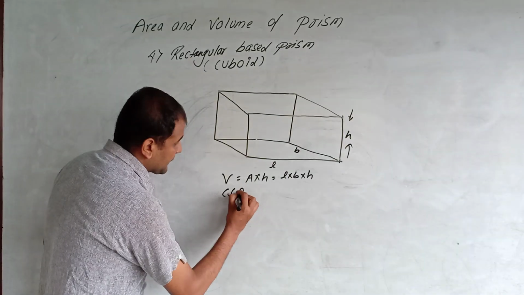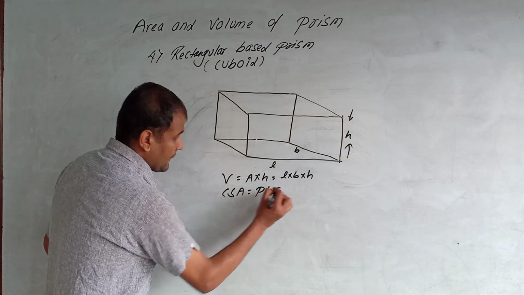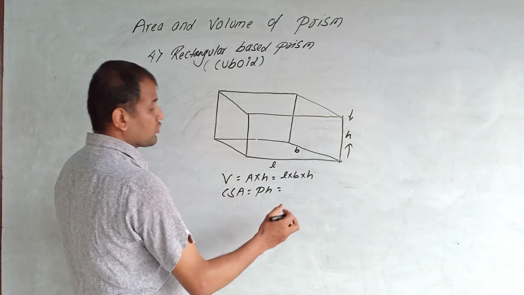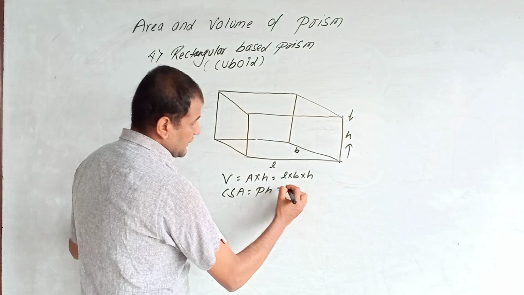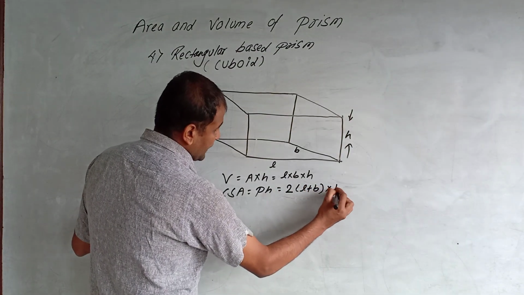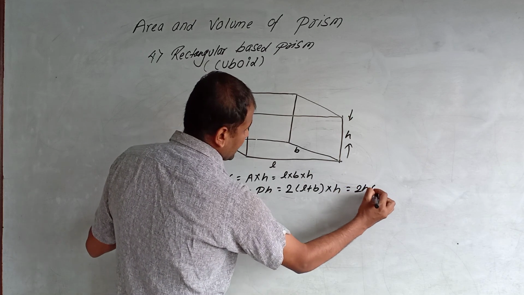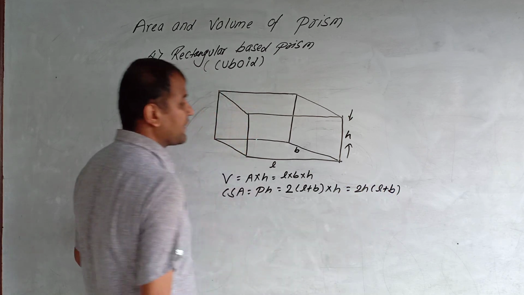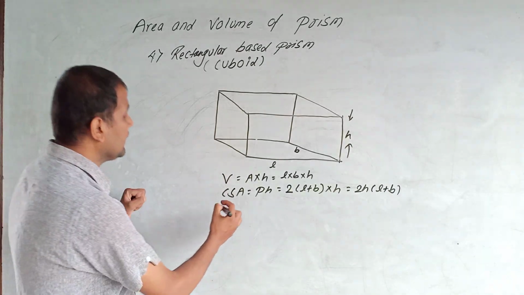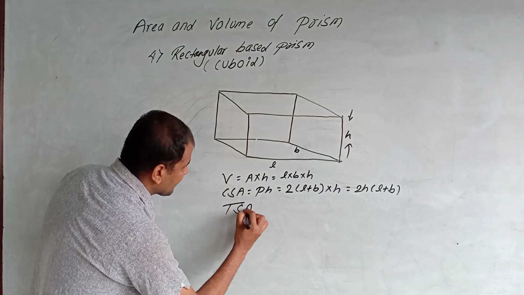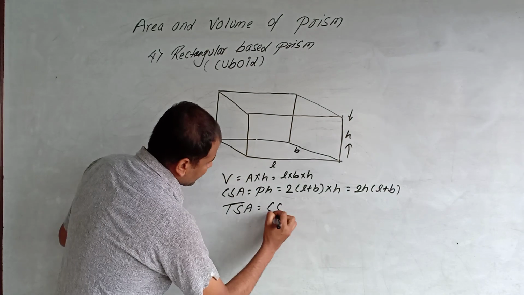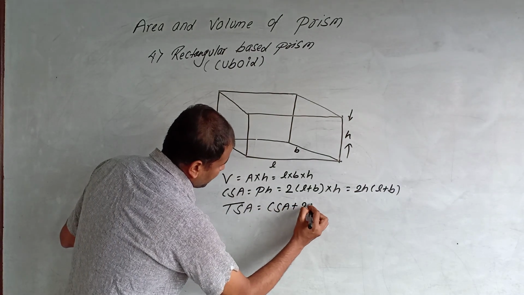CSA, curved surface area, is equal to P into H. P means perimeter of the base. Base is rectangle here, so the perimeter of the rectangle is 2 bracket L plus B, into H. That is equal to 2H into L plus B, the curved surface area of cuboid. Similarly, total surface area TSA is equal to curved surface area plus 2 times of base area.